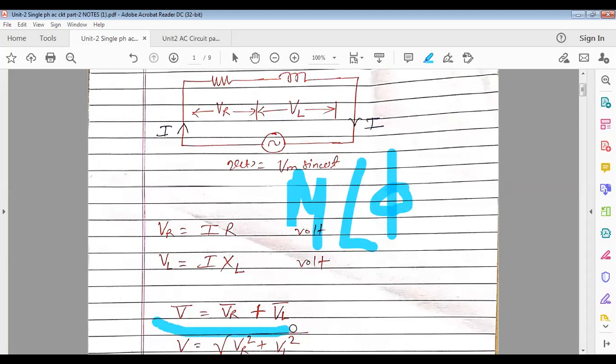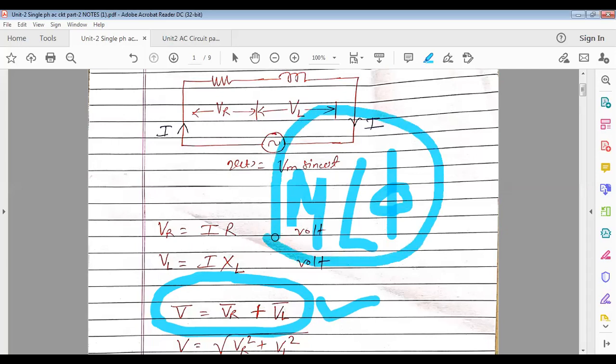So whenever you write this KVL equation for AC circuits, as an alternating quantity, it has magnitude and direction also, and its magnitude and direction continuously change. So the KVL equation, RHS equal to LHS, will get satisfied when you are considering magnitude and angle both. Only in terms of magnitude, the KVL equation doesn't get satisfied. Only in terms of magnitude, RHS and LHS will not be the same. Got it?